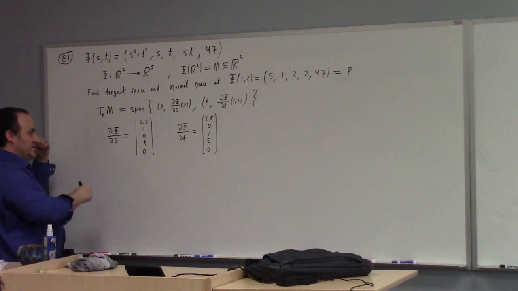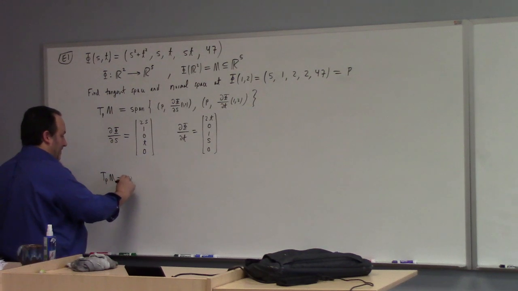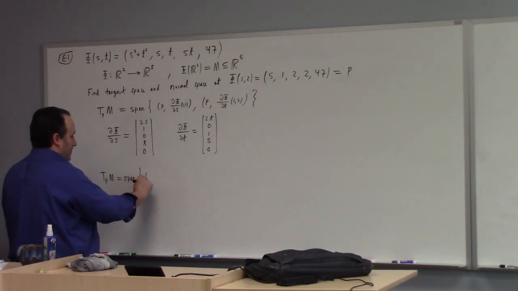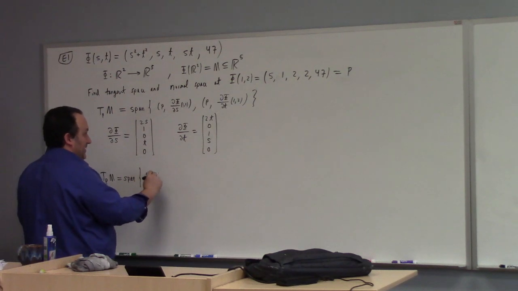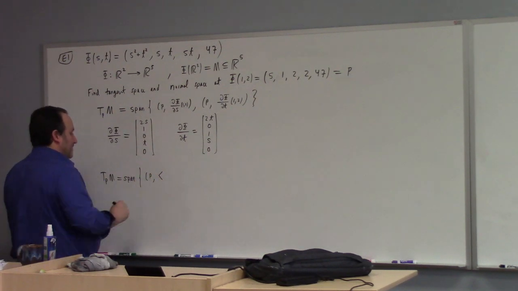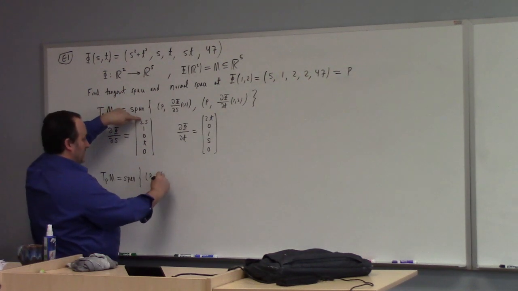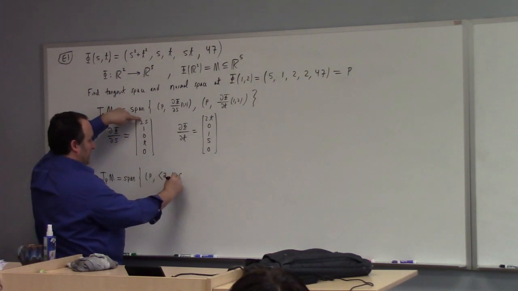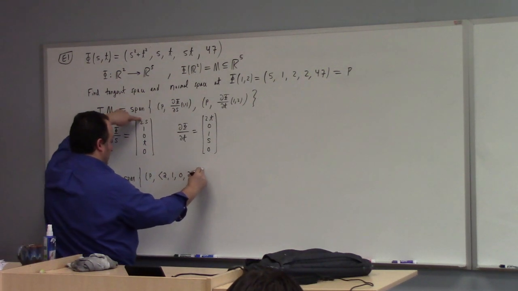So I plug in (1, 2), what do I get? s equals 1, t equals 2, so I get (2, 1, 0, 2, 0).